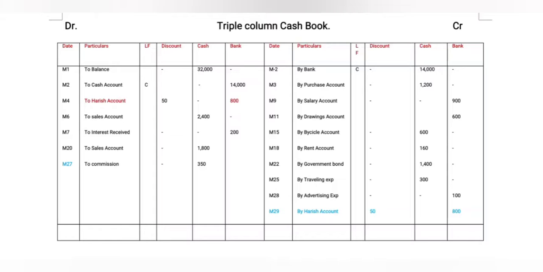Cash book credit side, 29th March, by Harish account, 50 rupees as discount, then the bank column is 800. Why? Because this check is received. In March, on the debit side of the cash book, to Harish 800 amount. Now we are coming to another transaction.